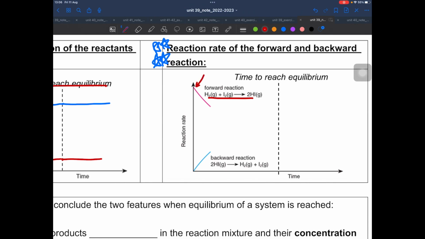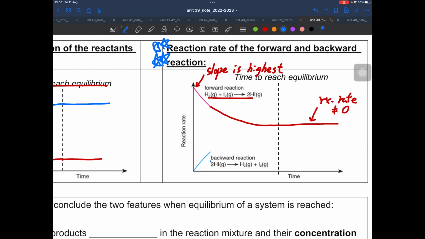So the slope is highest. With time passing, it will drop. At a certain point, it will go horizontal. That means the reaction rate will not increase or decrease, but the reaction rate does not equal 0.